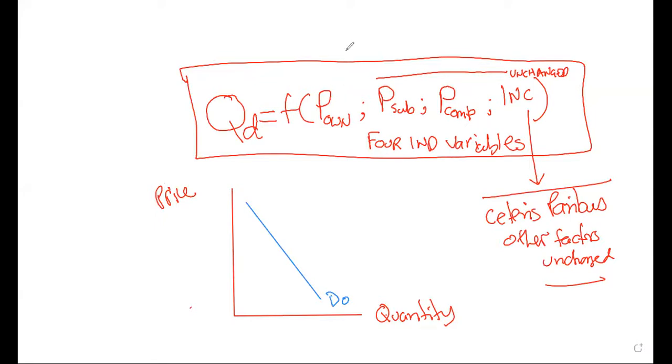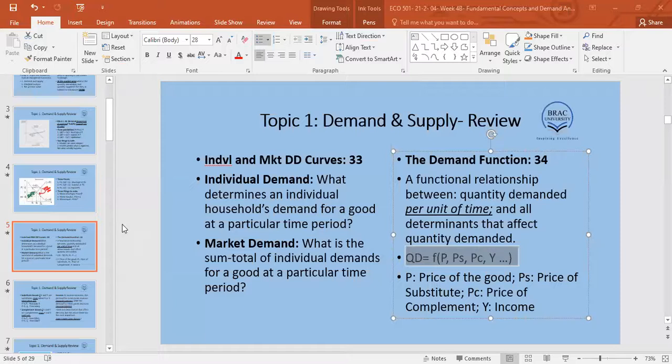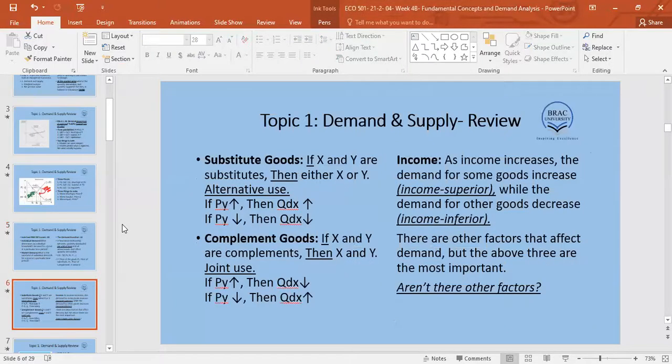Let's go to substitute. If two goods are substitutes, the relationship is X or Y. If two goods are complements, the relationship is X and Y. So if the price of a substitute is increasing, we have to assume that the price of our original good is unchanged.